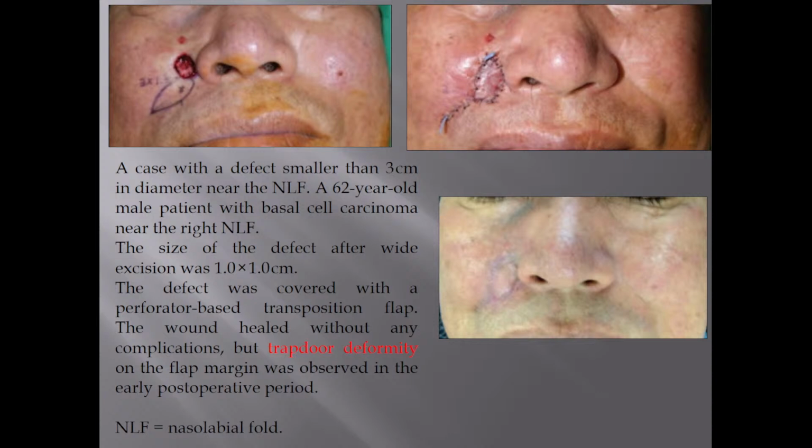But here on the last photo you can see some complications during the healing process. A trapdoor deformity on the flap margin was observed in the early postoperative period, and we can see superposition of this flap.